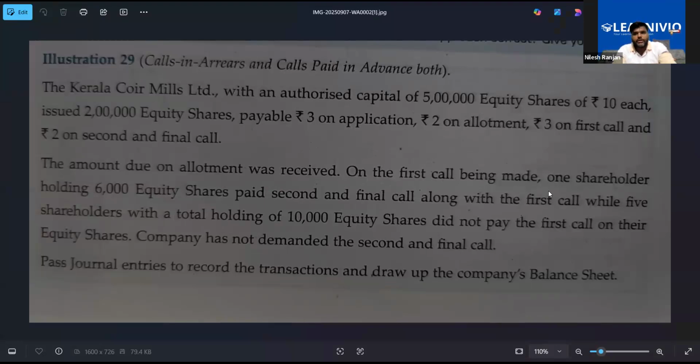On the first call being made, one shareholder holding 6,000 equity shares paid the second and final call along with the first call, while 5 shareholders with a total holding of 10,000 equity shares did not pay the first call on their equity shares. The company has not demanded the second and final call. Pass journal entries to record the transactions and draw up the company balance sheet.